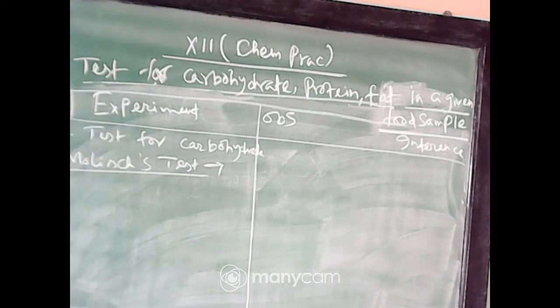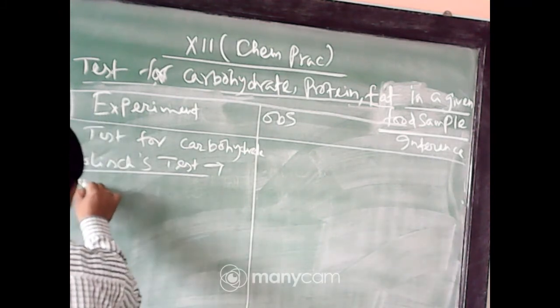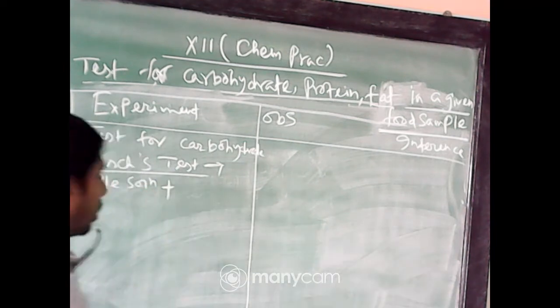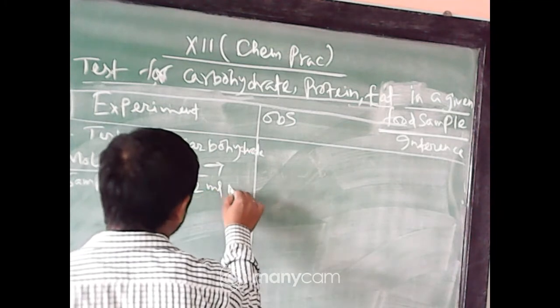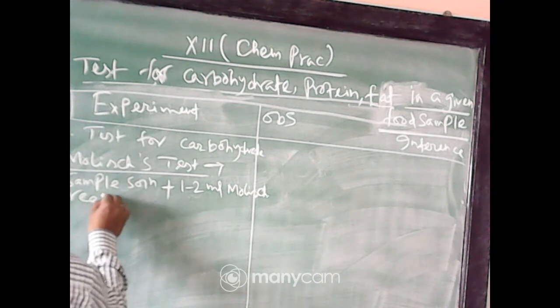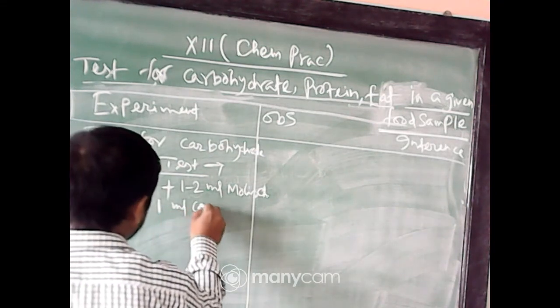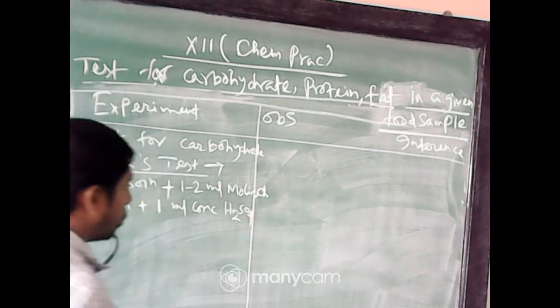So for the Molisch test, you will be supplied with a liquid sample, that is the sample solution, plus 1 or 2 ml Molisch reagent, plus 1 ml concentrated H2SO4.